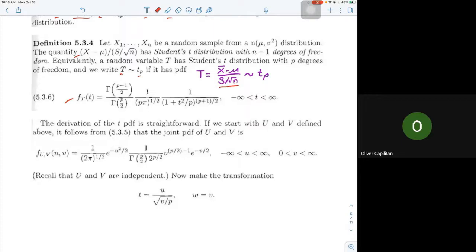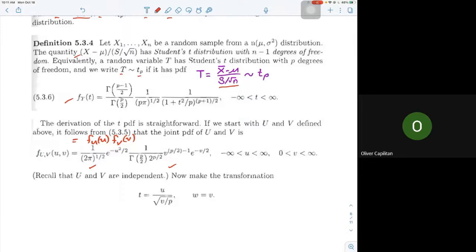This is equal to the product of the marginals, since u and v are independent. This one is for the standard normal, and this one is for the chi-square distribution.